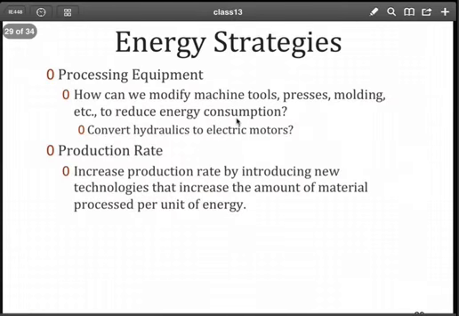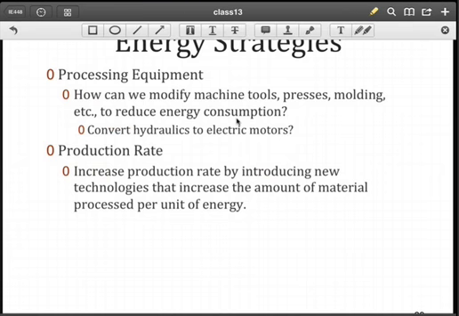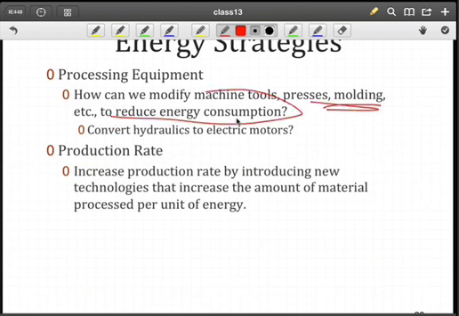So some of the strategies we might have are, first of all, when we look at the processing equipment that's used in a specific process, how could we modify that in terms of any machine tools or molding that's involved to reduce energy consumption? One approach is convert any use of hydraulics to electric motors, and this could have a significant reduction in energy.